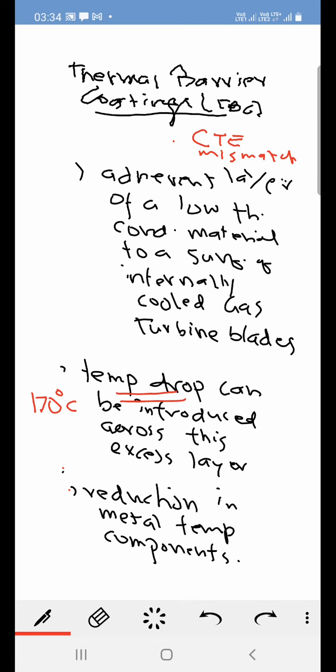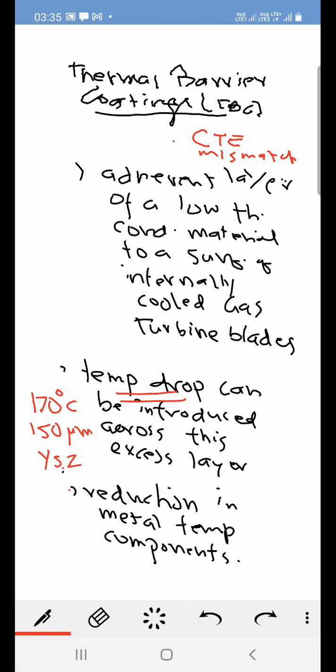So it's 170 degrees for 150 micrometers of YSZ thermal barrier coatings. YSZ stands for yttria-stabilized zirconia coatings.